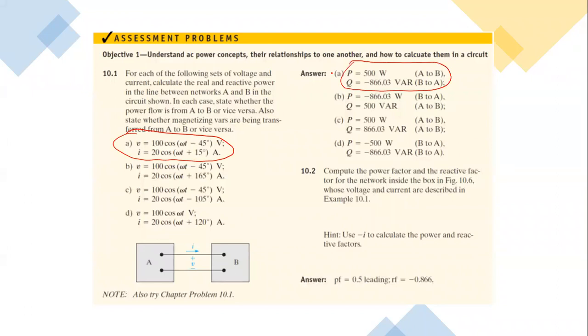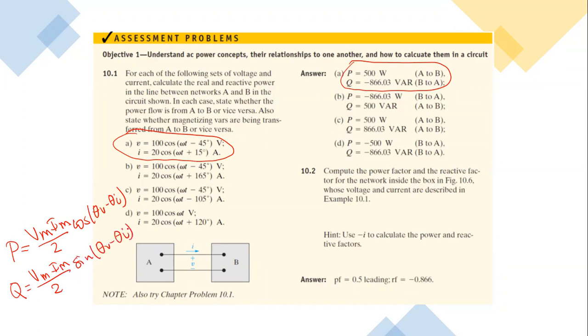In order to calculate the active power, you need to use V maximum, I maximum over 2, cosine of theta V minus theta I. In order to calculate the reactive power, it will be V maximum, I maximum over 2, sine of theta V minus theta I.